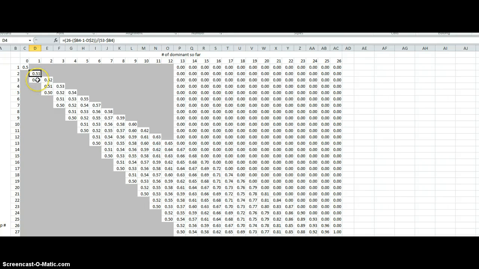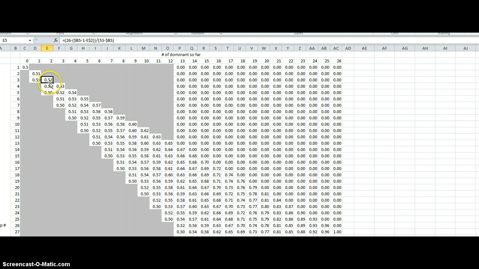Okay, when I get to the third, I'm also saying that I only have 1 dominant. How am I so sure? Well, oh, sorry, I'm not sure. I could either have 1 or 2. So notice that on the third flip, I could have had 1 dominant, in other words, if I flipped 1 red and 1 black so far, or I could have 2 dominants if both of my first 2 flips were red or both were black.